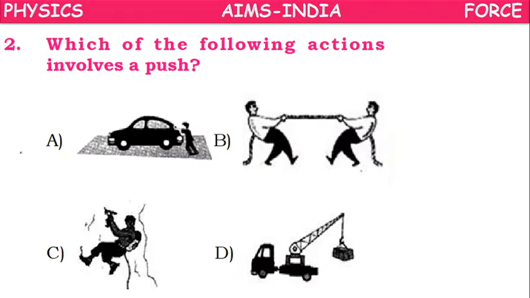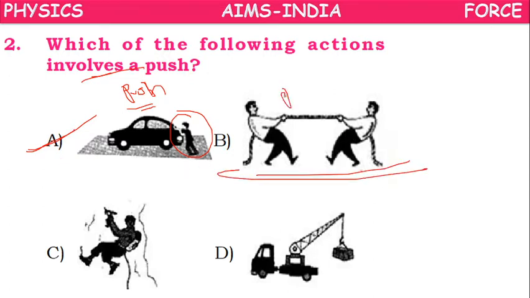Next. Which of the following actions involves a push? Here in option A, the person is trying to push the car from the backside, so A is the correct option. In the second diagram, both persons are pulling each other.